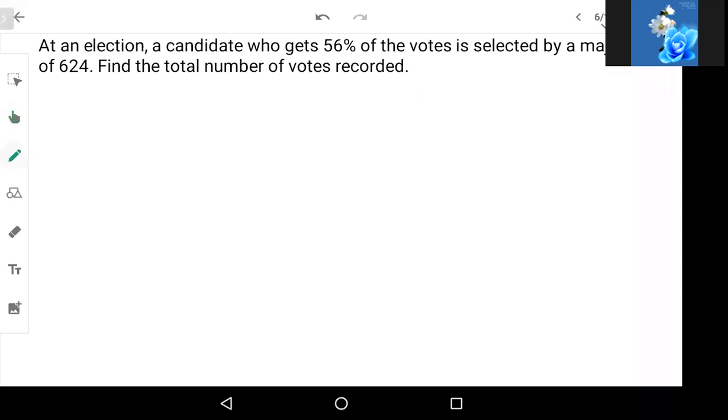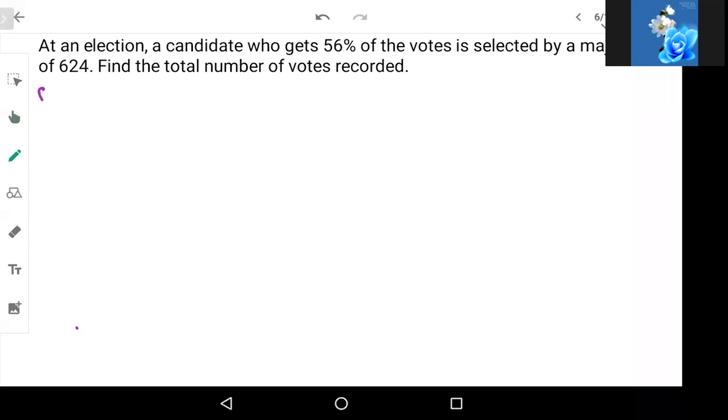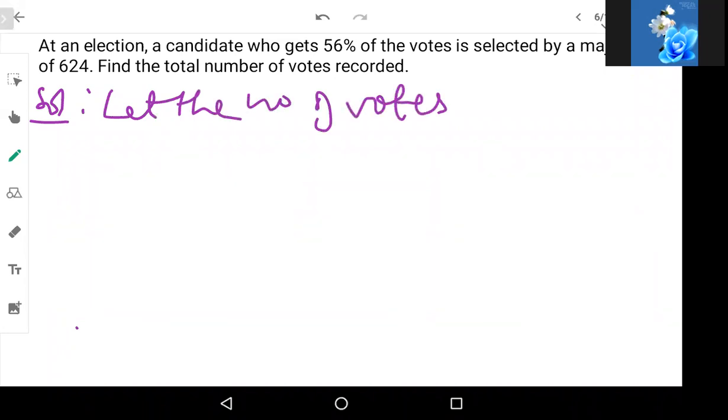Now, to start with, solution: let the number of votes recorded be 100, since it is percentage that we are trying to calculate.